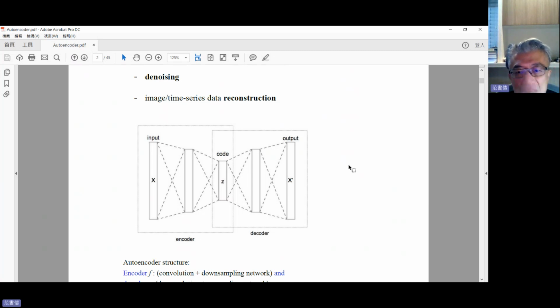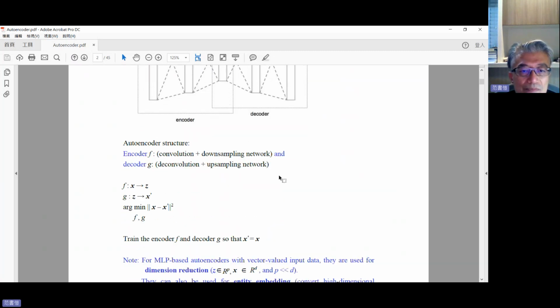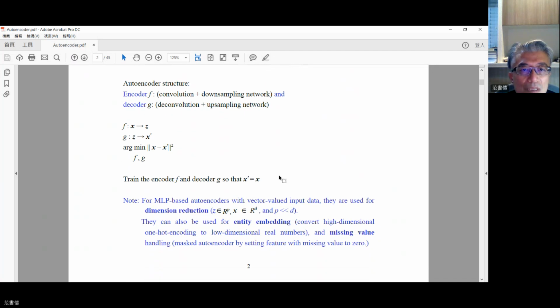Then starting from Z, we like to return to the original size, called X prime, through upsampling. Upsampling uses a larger size to perform the reconstruction, and it is known as the decoder. So the autoencoder structure: the encoder F is a convolution plus downsampling network.